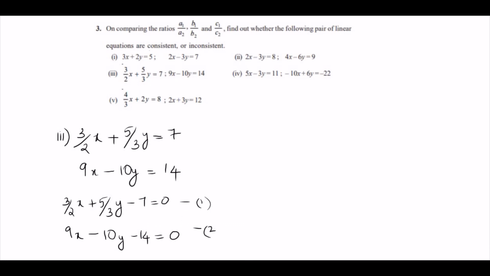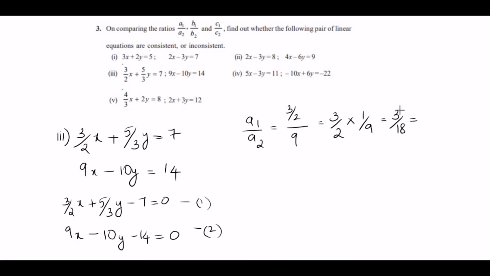After writing both the equations in standard form, write down the ratios, that is a1 by a2. a1 is 3 by 2 and a2 is 9. So you get 3 by 2 divided by 9, that is into 1 by 9. So you get 3 by 18.